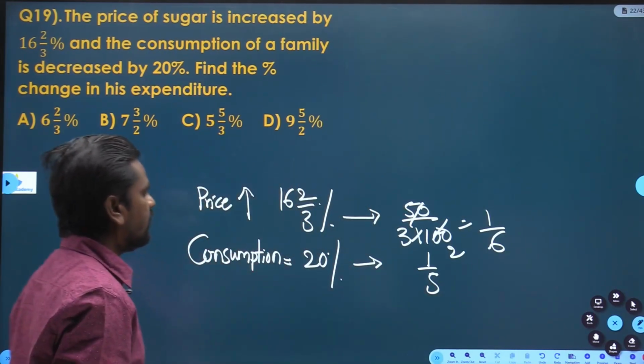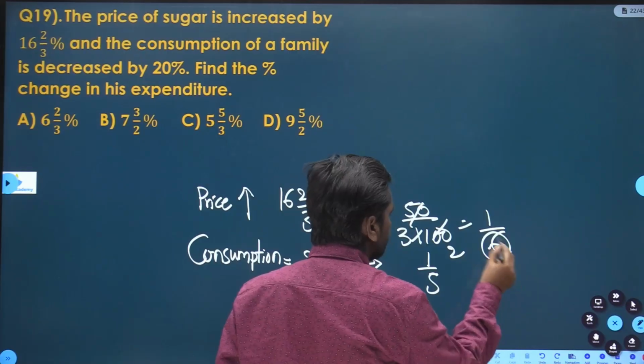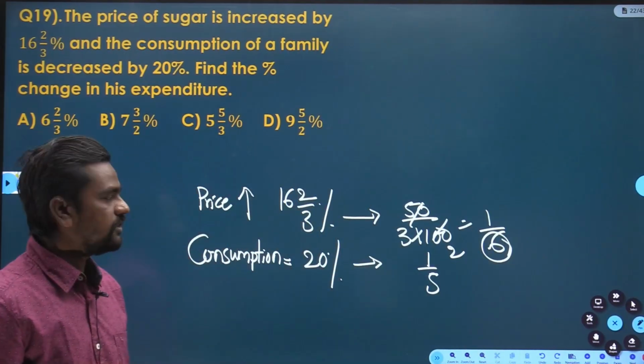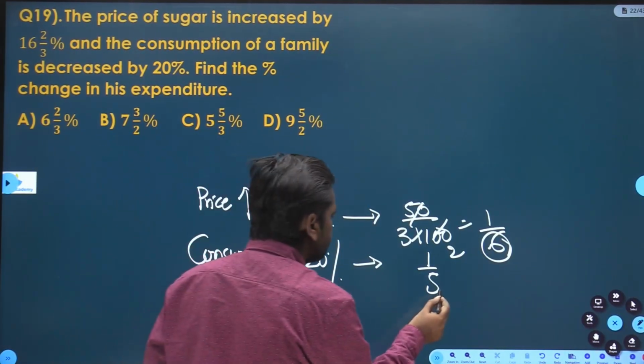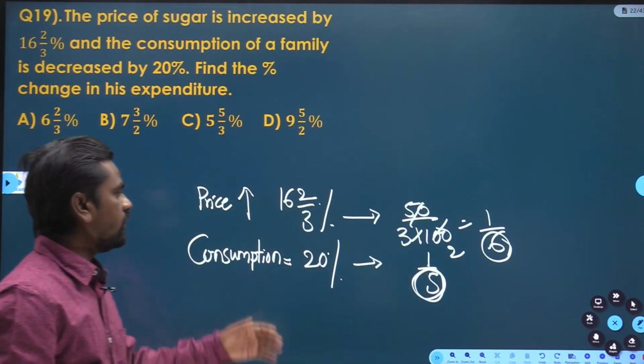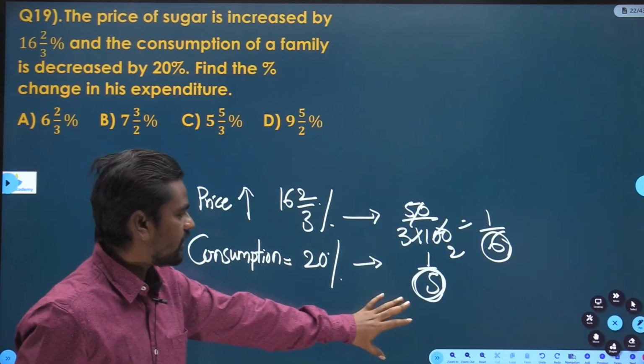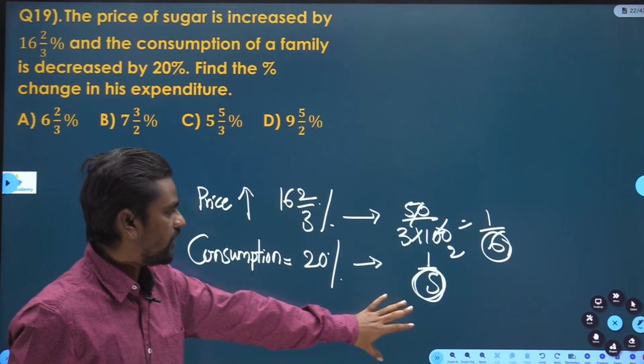Here we assume that initially the price of sugar is 6 units and the consumption is 5 units. Okay, so initially we are assuming the price of the sugar is 6 units and the consumption is 5 units.